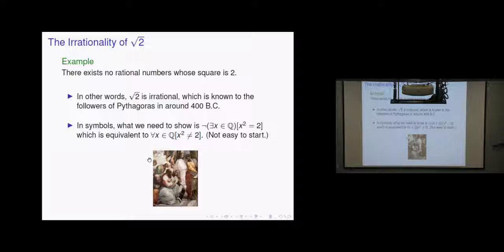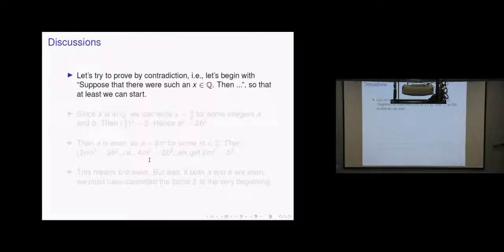Now, if you want to attack this directly, it's not easy. We cannot check infinitely many rationals. So then here comes proof by contradiction. We cannot start directly, so let's try the other way.